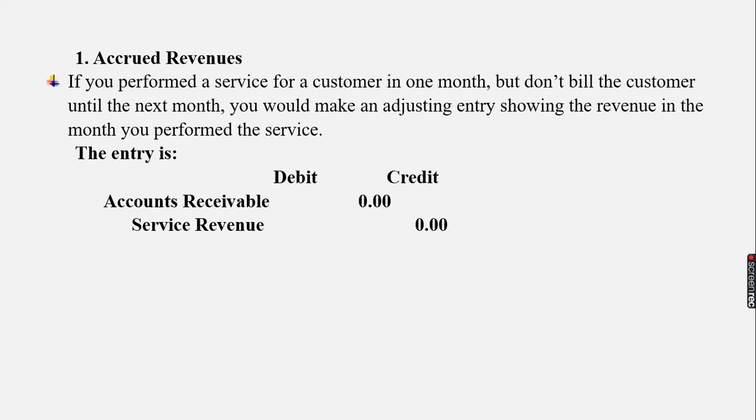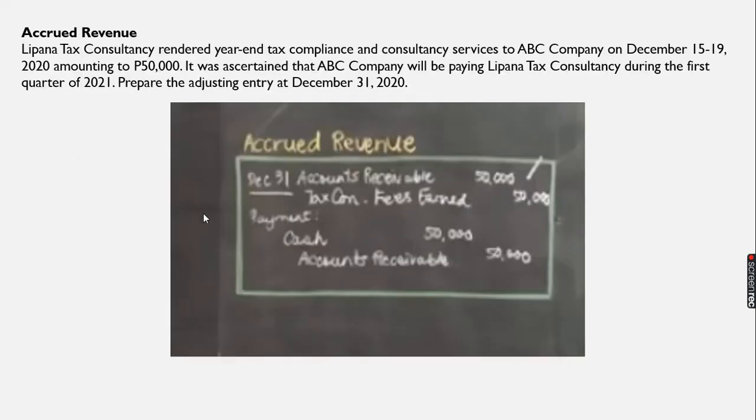So, ang debit mo is accounts receivable and yung credit mo is service revenue. Pag pinautang mo, accounts receivable yan. And syempre, service revenue yung credit mo, kasi nadagdagan yung revenue mo.